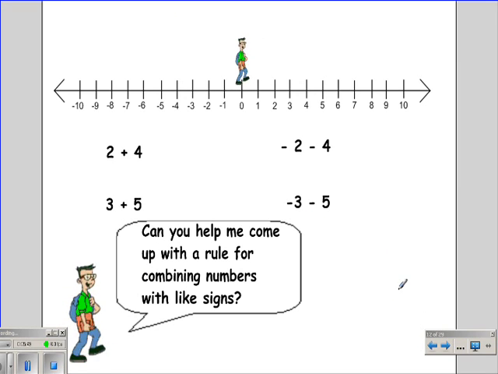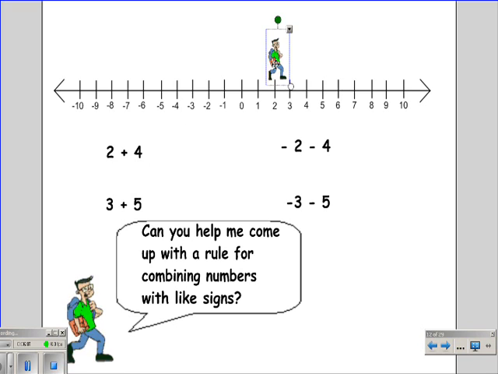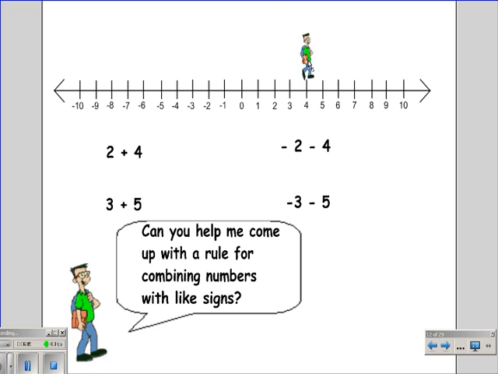Let's start here with Larry. If we're going to do our first problem here, 2 plus 4, we're going to start at 2. The plus sign tells me I'm going to the right. And how many? 4. So 2 plus 4 means 1, 2, 3, 4.